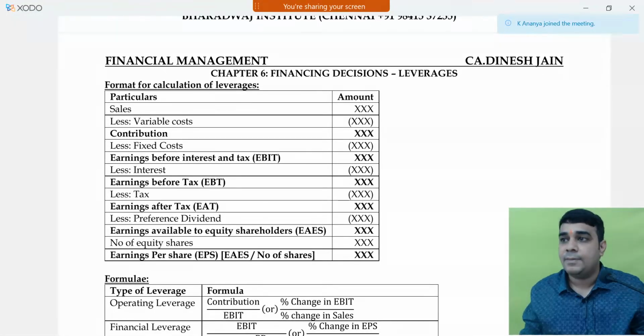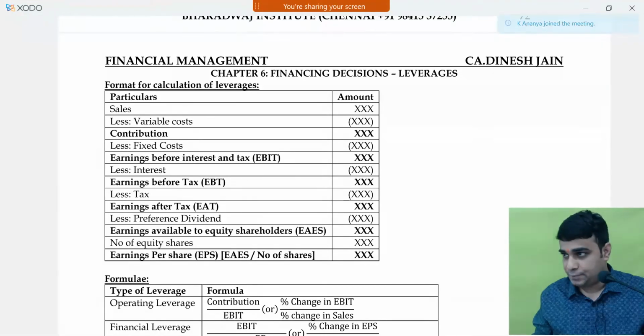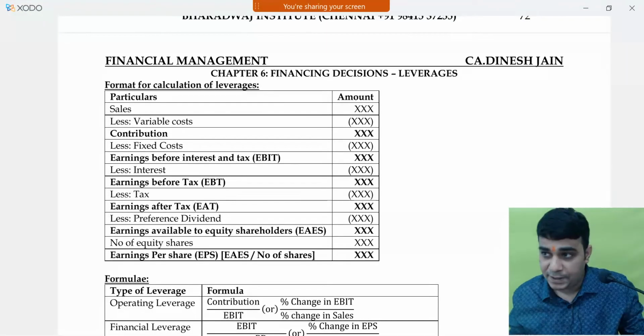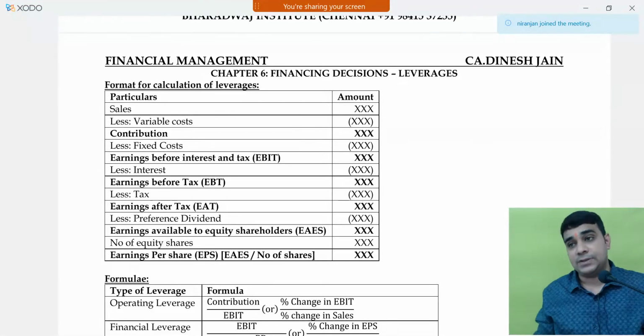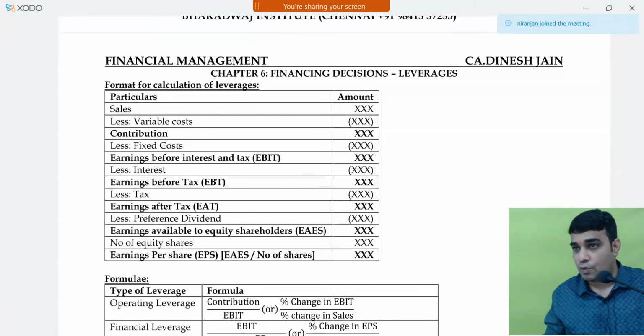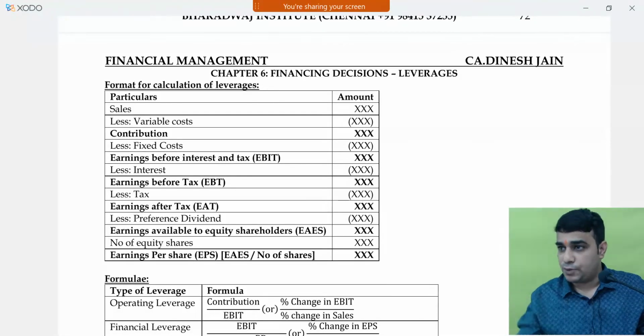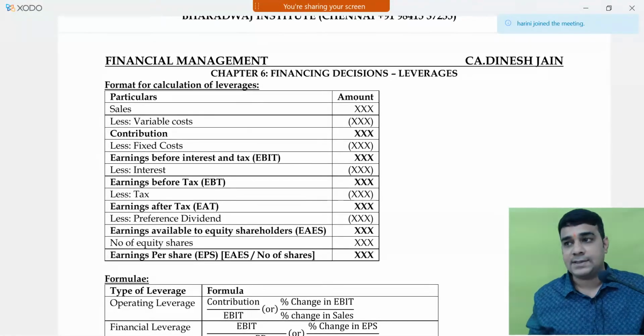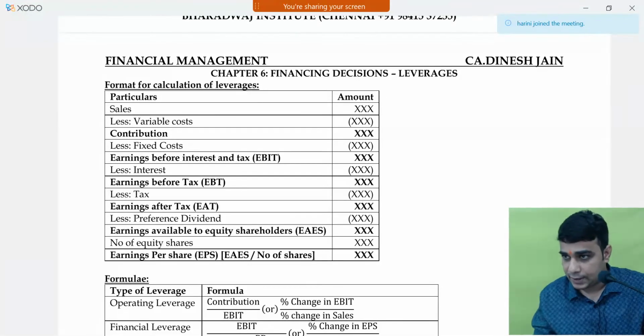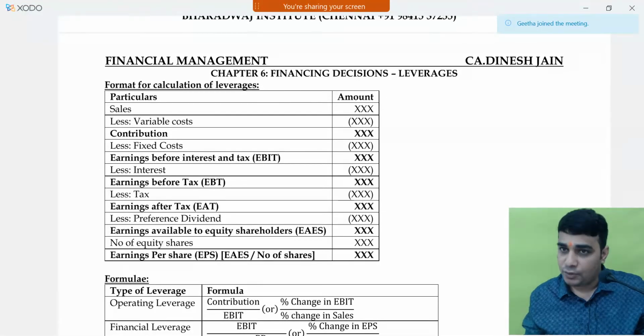Instead of doubling, it will become 5 times, 4 times, 3 times. When sales come down by 50%, profit may come down by 100% also or 150% also. So you may think that if sales is going up by 10%, profit should ideally go up by 10%. That's a normal understanding. But the reward which an organization gets is going to be disproportionate to the efforts taken.